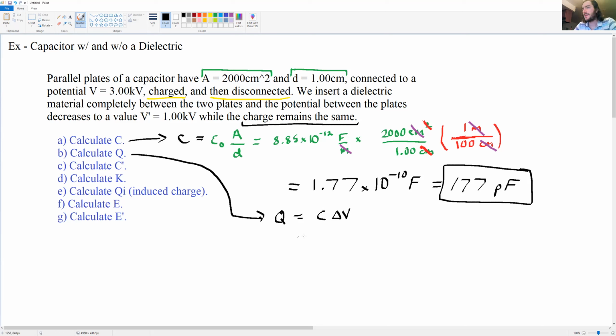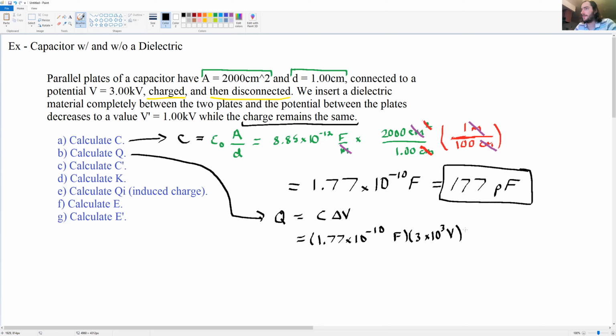So in this case, it's the simple product of what we've just calculated, the 177 picofarads times the 3 kilovolts, okay? So 1.77 times 10 to the minus 10 farads times 3 kilovolts, 3 times 10 to the third volts.